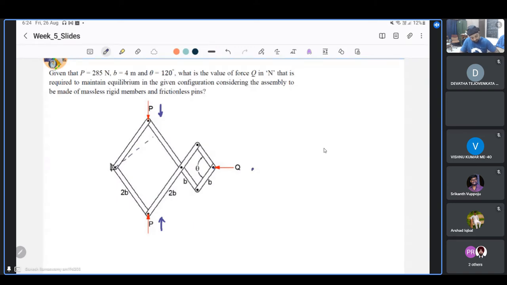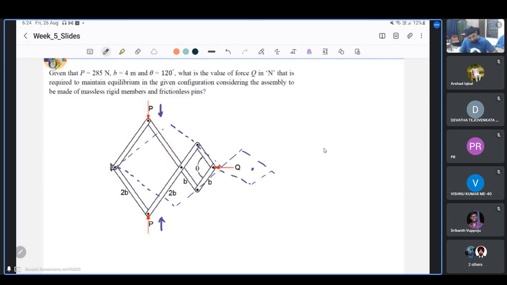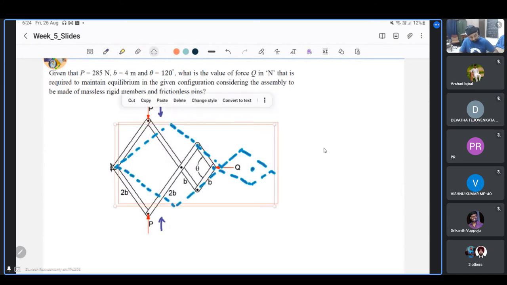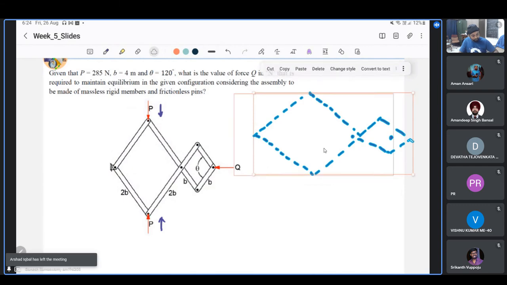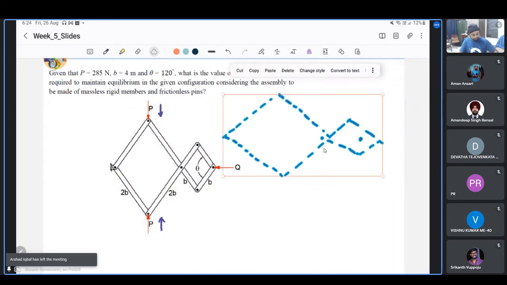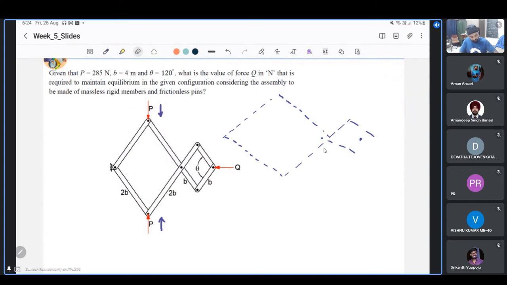So it would be something like that. So our deformed configuration would look something to that effect. Of course, this will be parallel, but I hope you get the idea that this is something we need to visualize.